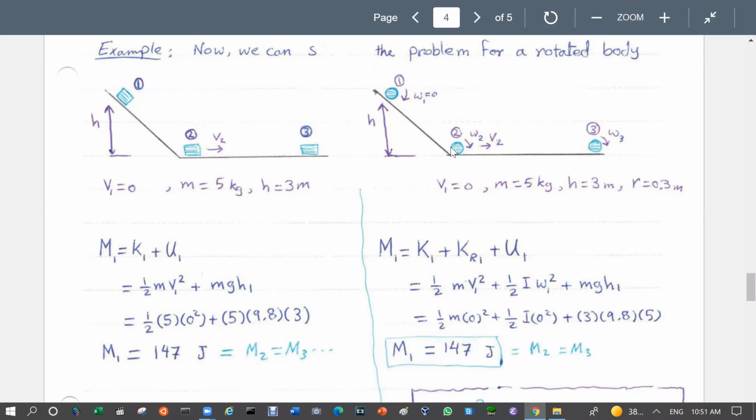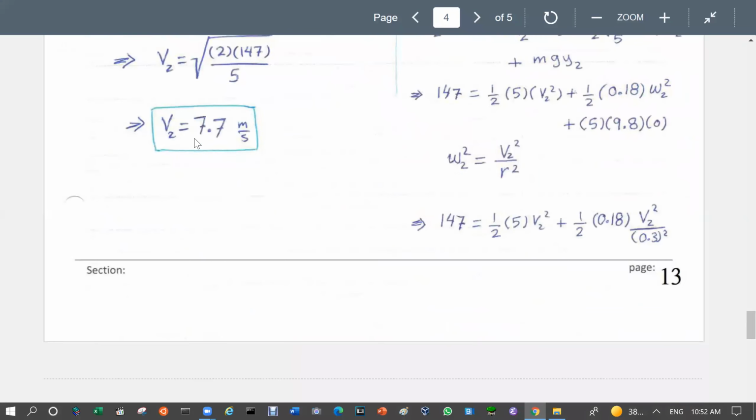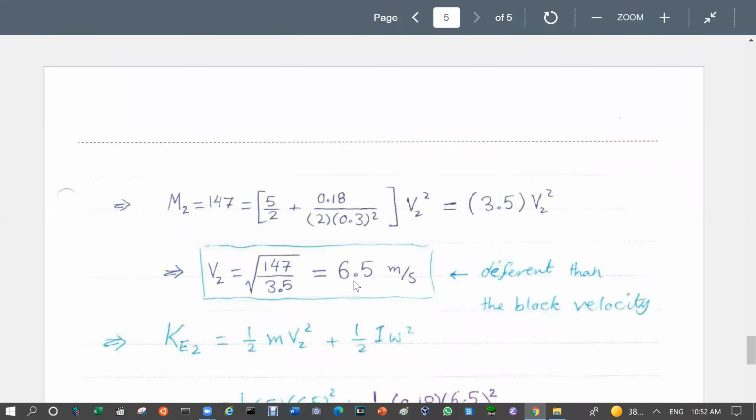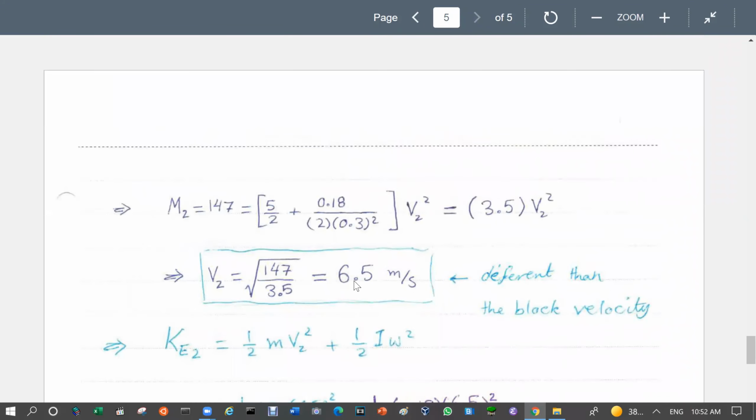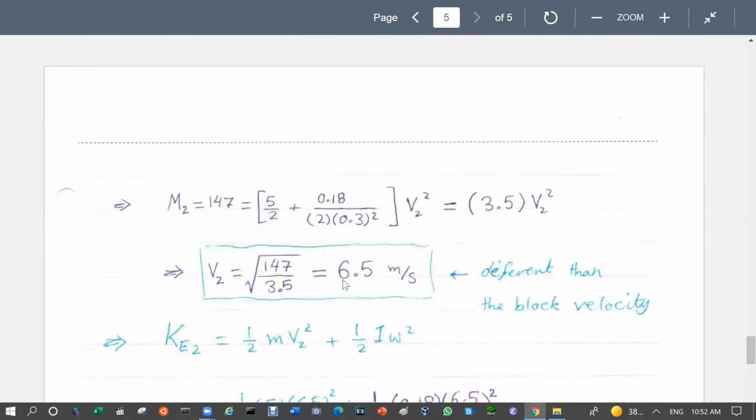Now a part of the energy for the ball goes to the rotational motion, but all the energy for the block goes to the linear motion. Here, the mechanical energy is spent on the rotational kinetic energy plus the linear kinetic energy. So something else consumes this velocity. Where is the difference from 7.7 to 6.5?